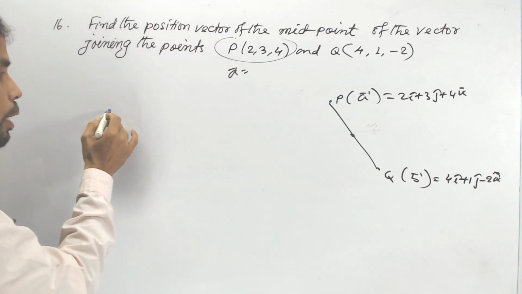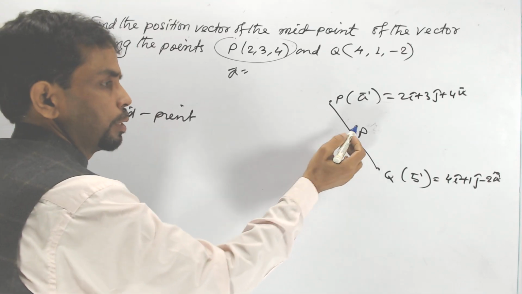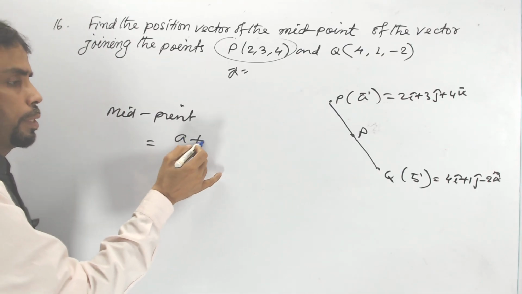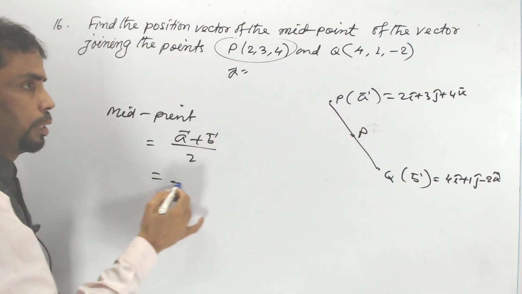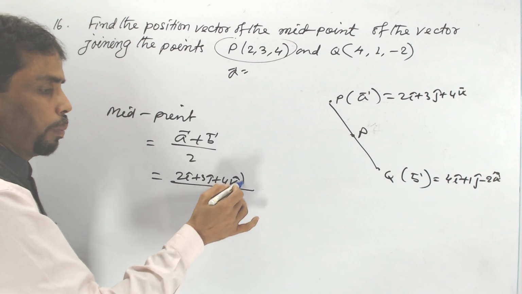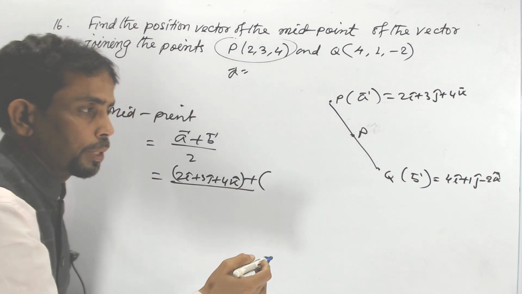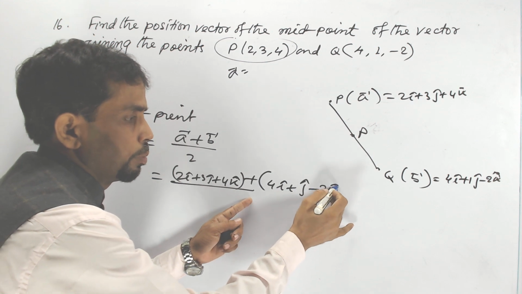And the midpoint formula, you can just mark point P as A, and the midpoint is given by A plus B divided by 2. A vector is 2i plus 3j plus 4k plus vector B, 4i plus j minus 2k, divided by 2.